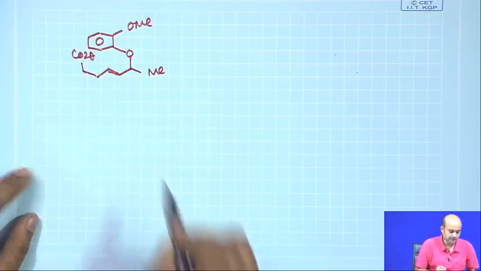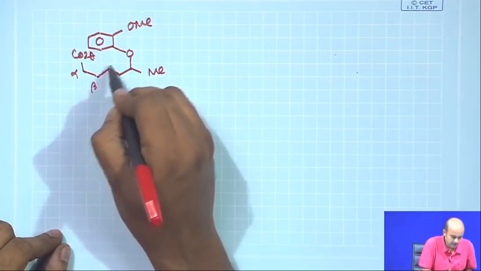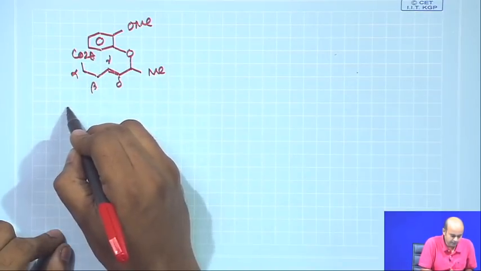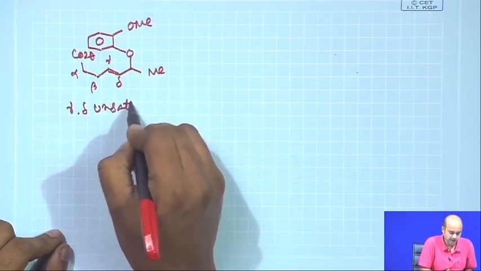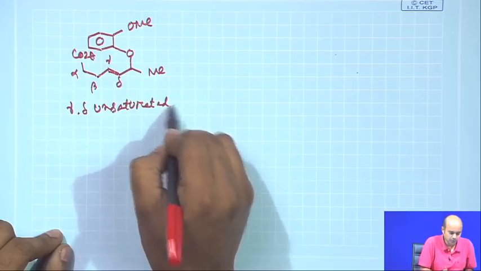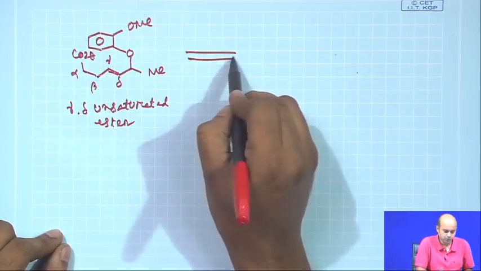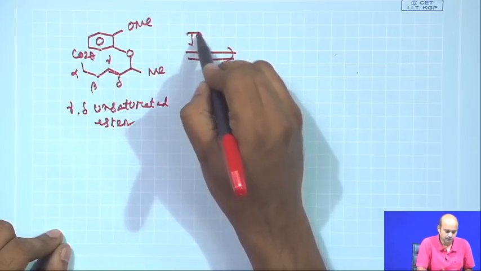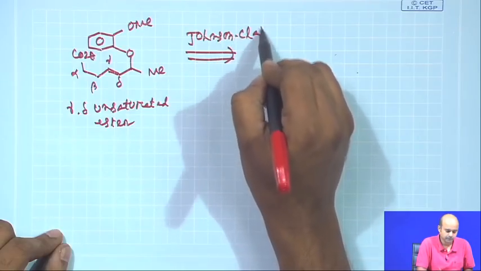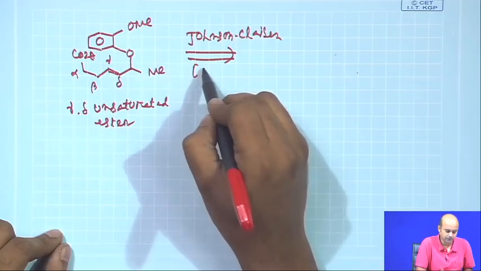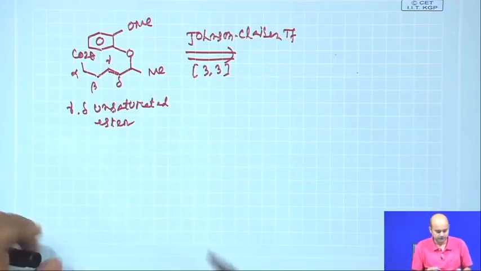Now, this intermediate, if you have a closed loop with alpha, beta, gamma, delta, it is a gamma,delta-unsaturated ester. Numerous times we told that if you have this kind of compound, you can go straight to which transformation? The Johnson orthoester Claisen rearrangement, Johnson-Claisen. It is a 3,3 sigmatropic rearrangement, a very useful transformation.